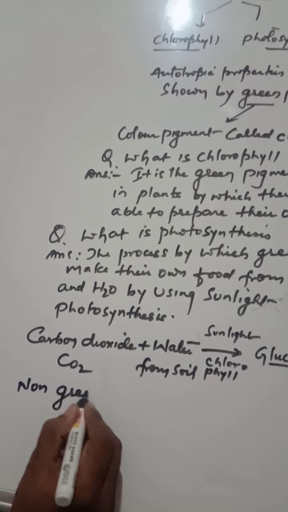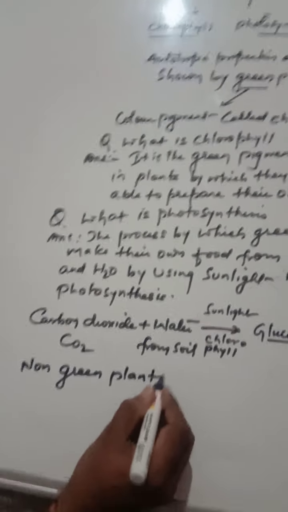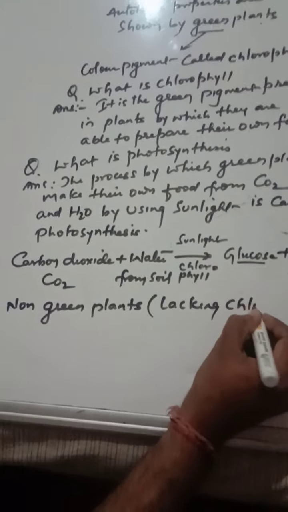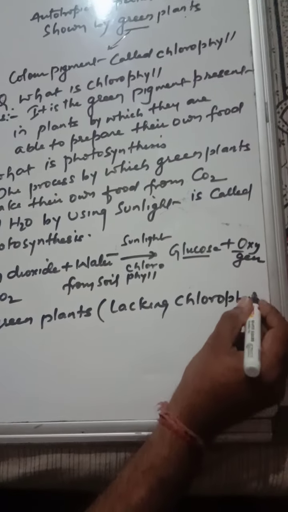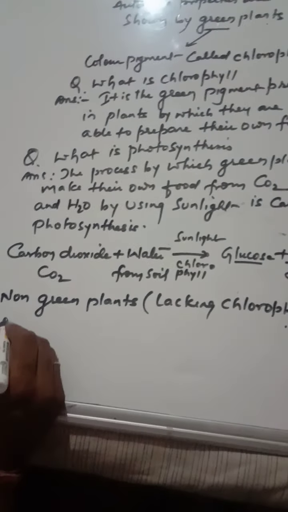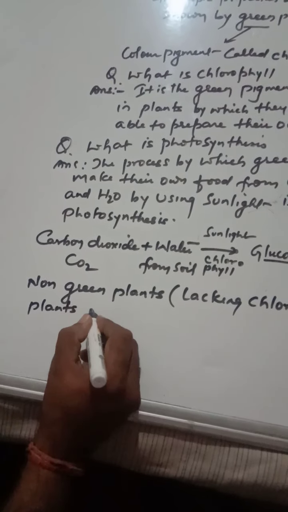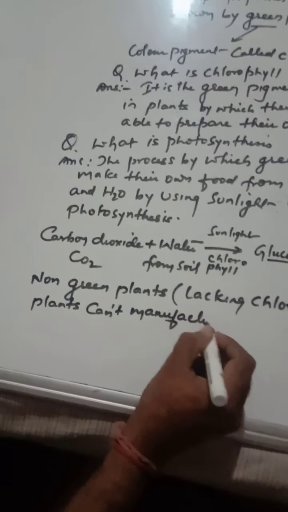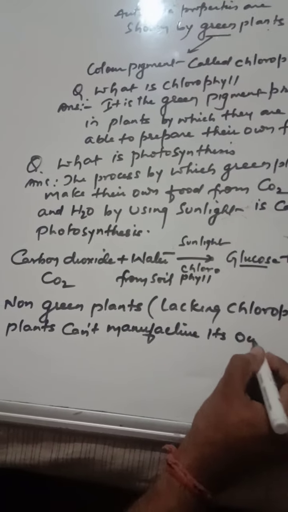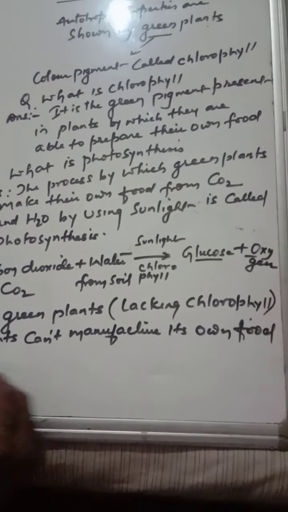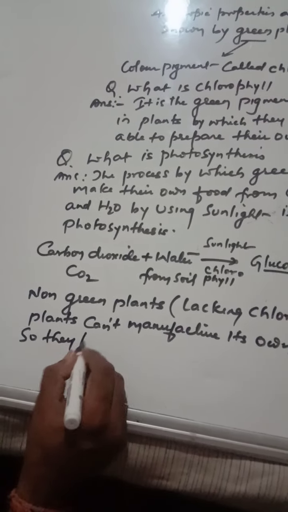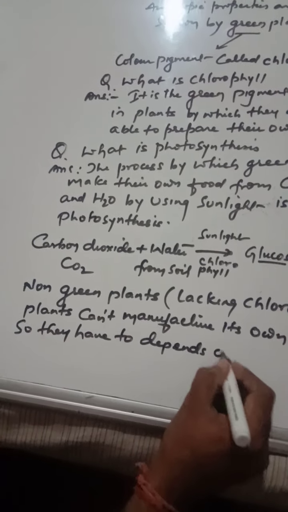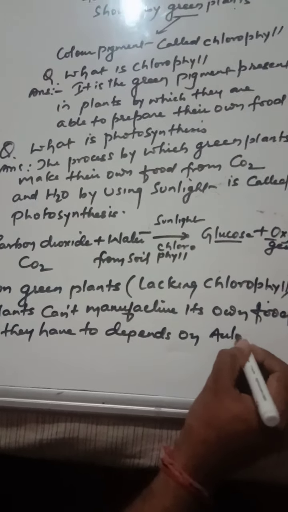Non-green plants, or we can say lacking chlorophyll. Lacking means not having. Lacking chlorophyll, plants can't manufacture their own food, so they have to depend on autotrophs.